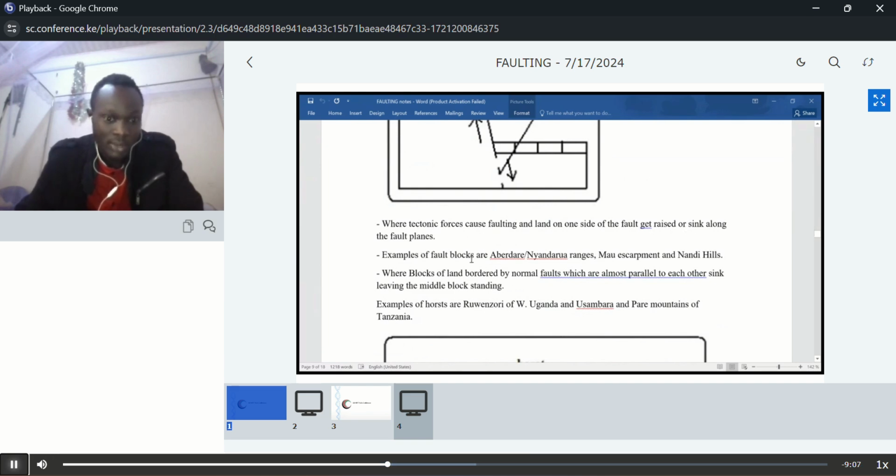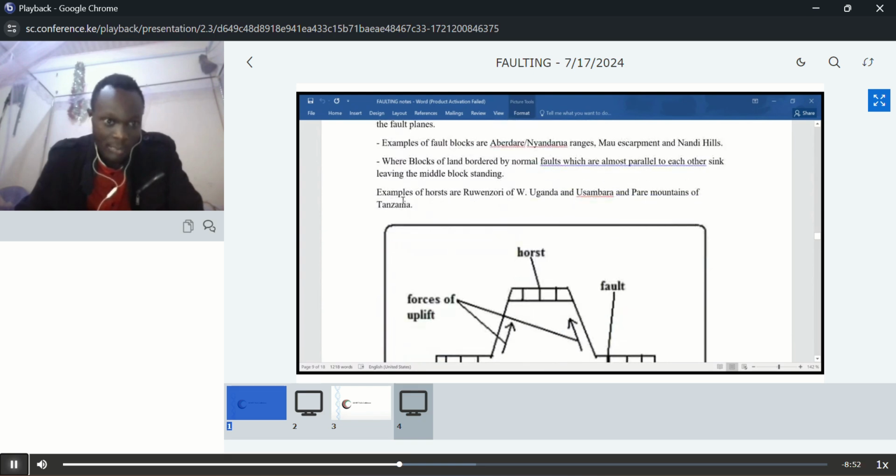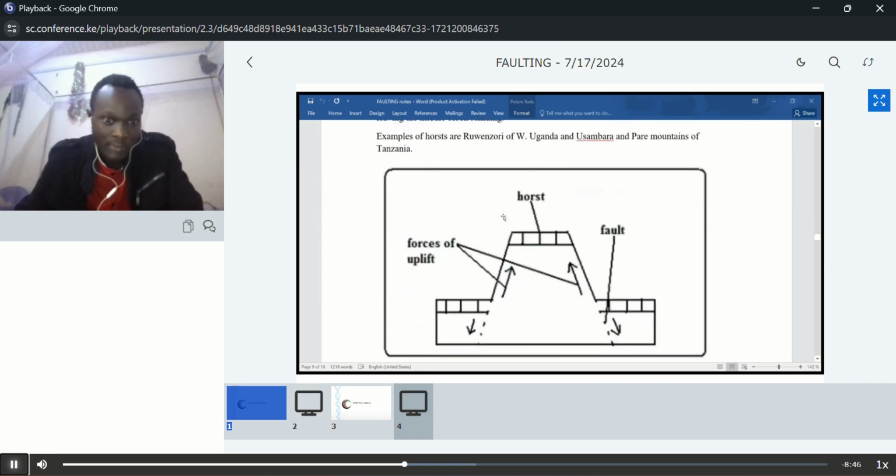The examples of fault blocks are Aberdare, Nyandarua Ranges, Mau Escarpment, and Nandi Hills. We have blocks of land bordered by normal faults which are almost parallel to each other sink, leaving the middle block standing. Examples are Rwenzori of West Uganda and Usambara and Pare Mountains of Tanzania.